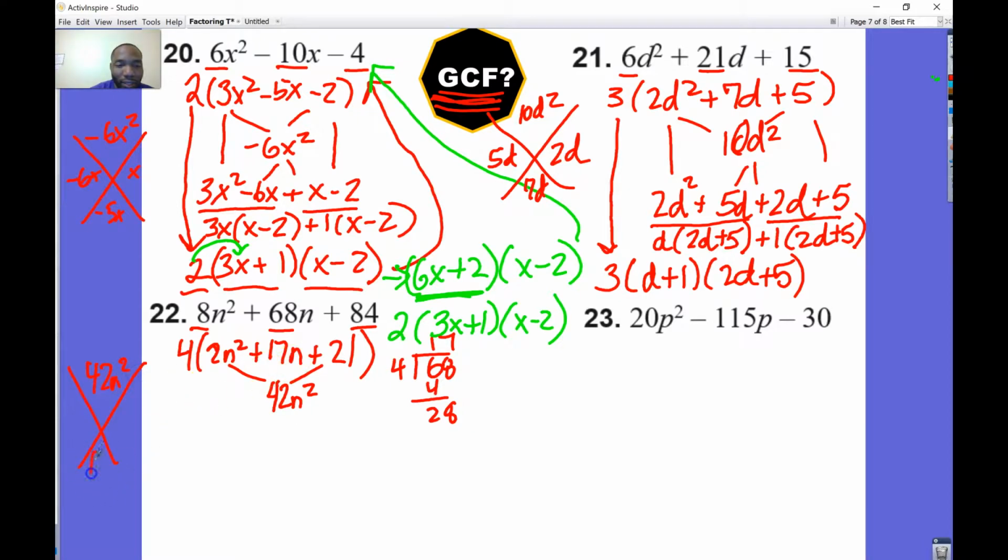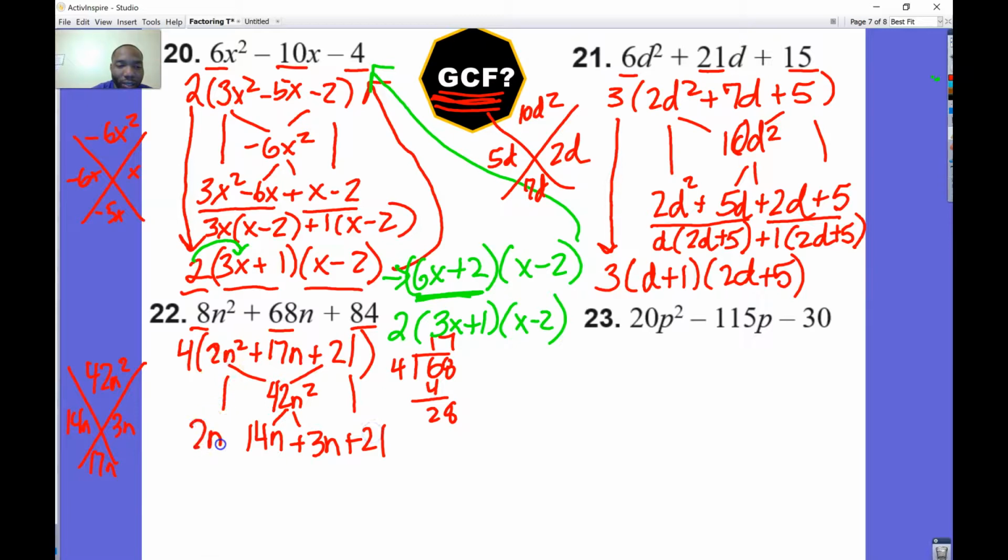And then 17n. And so 42, all right. It's not 2 and 21, clearly. See if 3 goes into 42... 3 and 14. Yep. So it's 3 and 14. So that's 14n and 3n.